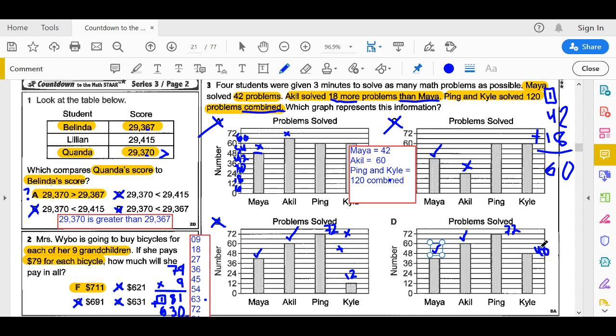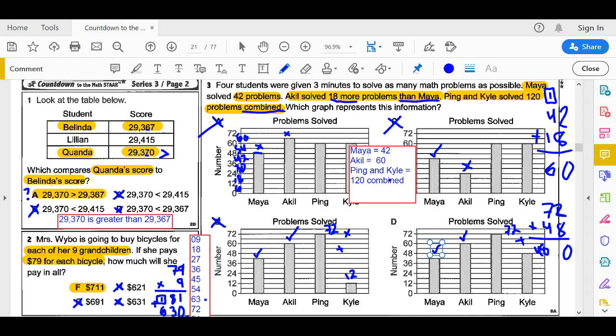Okay, now we need to add these two numbers because remember it says combined. So when I add 72, let me do it right here on a small space, 72 plus 48. Let me add those two numbers. They should give me 120. So 2 plus 8, that's 10.